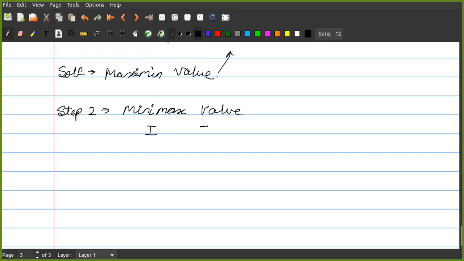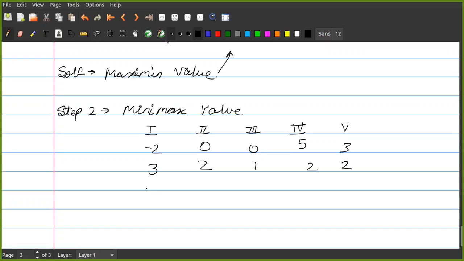1, 2, 3, 4 and 5. The values are -2, 0, 0, 5, 3. Next is 3, 2, 1, 2, 2.